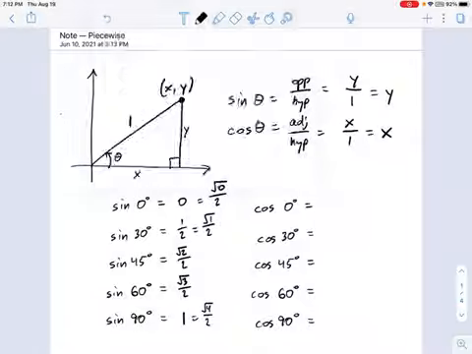Do you see the pattern that's going on here? It goes 0, 1, 2, 3, 4. It's the 0, 1, 2, 3, 4 pattern. And that's very useful for remembering what these special trig functions are.